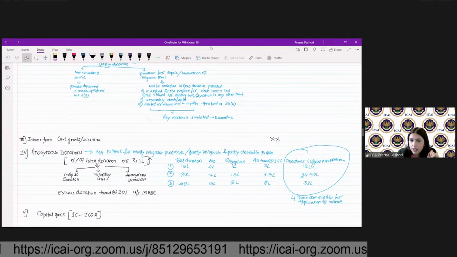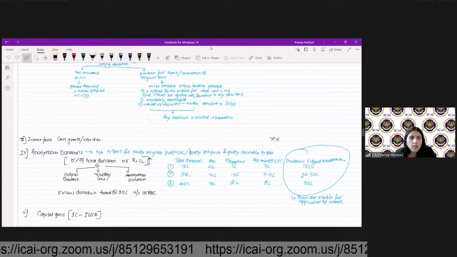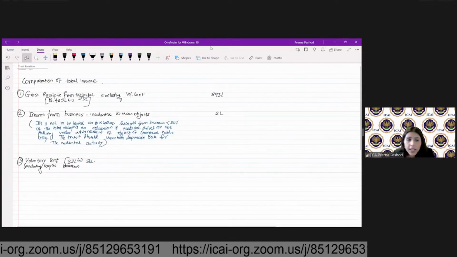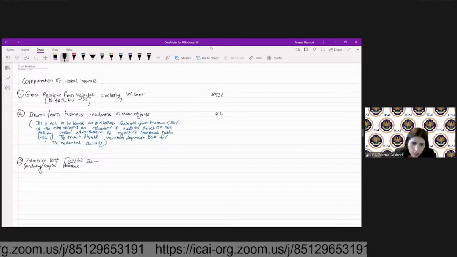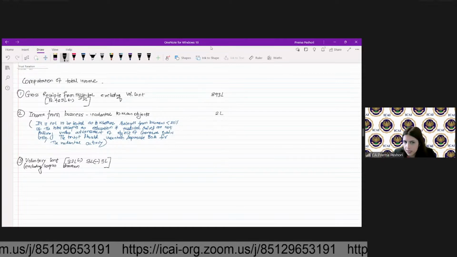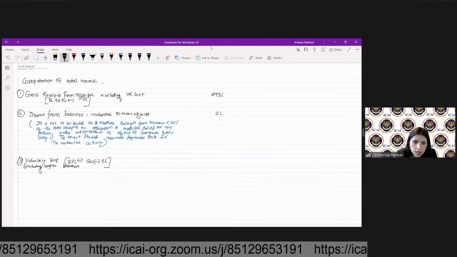Are we getting that? So how will you present it over here? First we will exclude 5 lakh from this. So what is my voluntary contribution here?